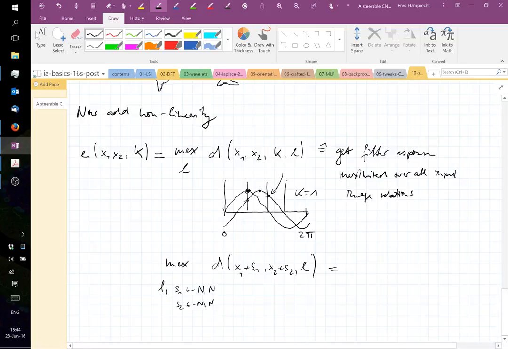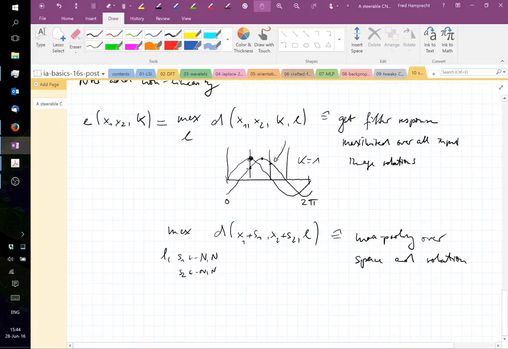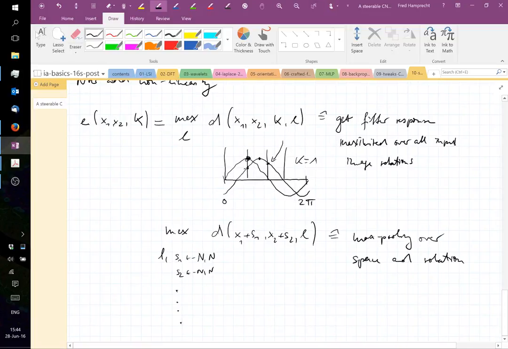So this would be a simultaneous max pooling over space and rotation. And we can think of many other nonlinearities that could make sense to use.